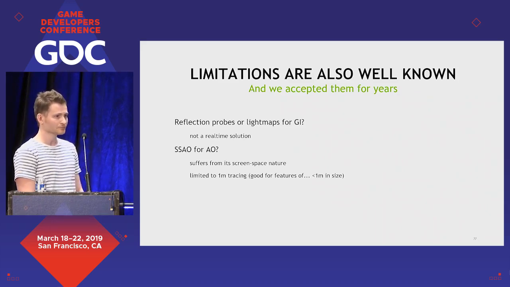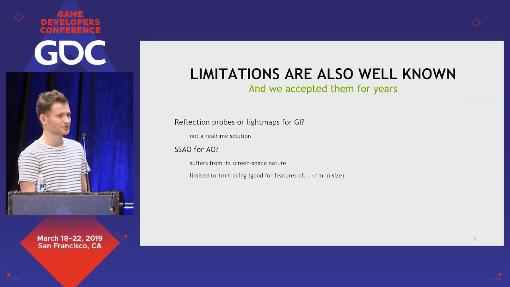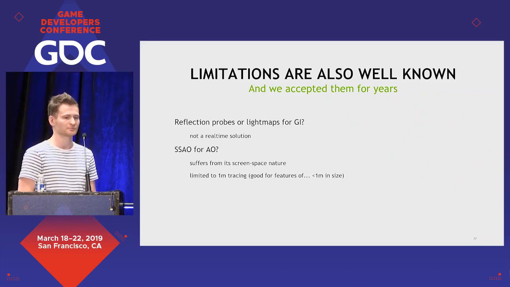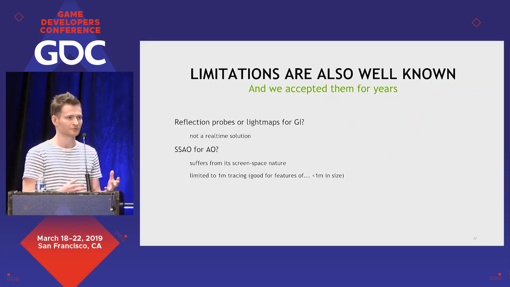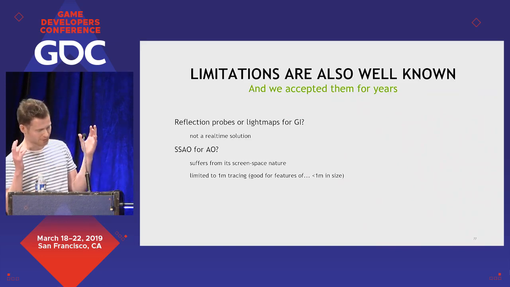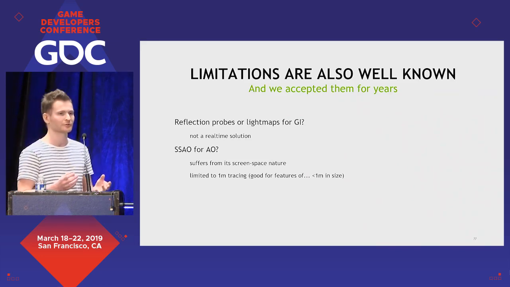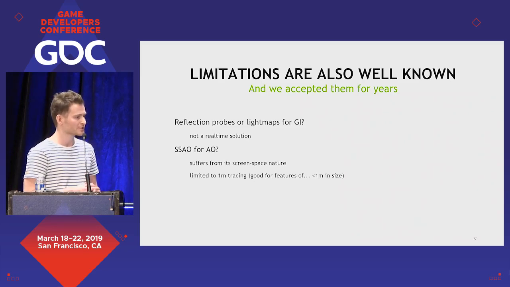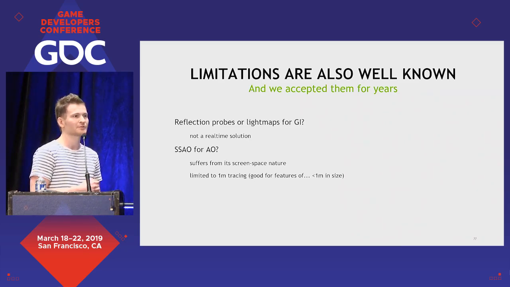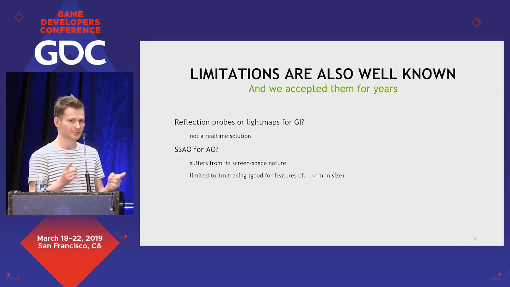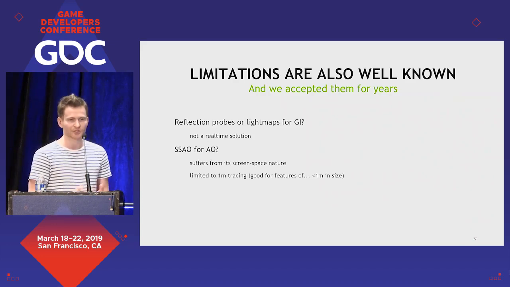And the SSAO itself, it just suffers from its screen space nature. So you will always see that problem with edge fading, and you will have no data behind objects, and that's really a problem. Another problem with the SSAO is it's mostly limited to a short ray distance, and weirdly we got used to that.